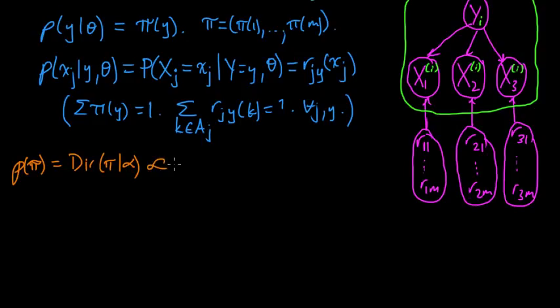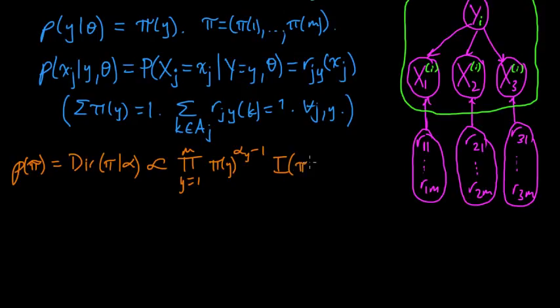And this is proportional to, so I wanted to choose a Dirichlet because it's a conjugate prior for a categorical distribution. And this is proportional to the product over y's from 1 to m of pi y to the alpha y minus 1. That's the important part, and then we can't forget the indicator function.